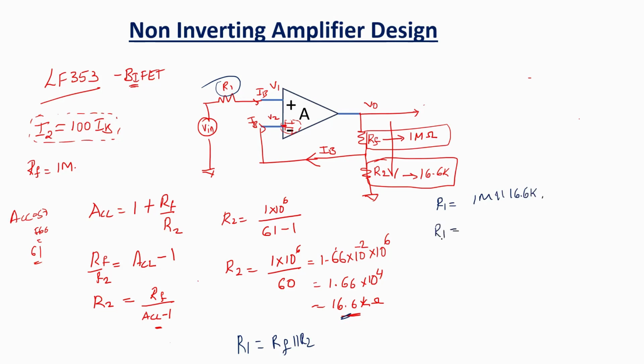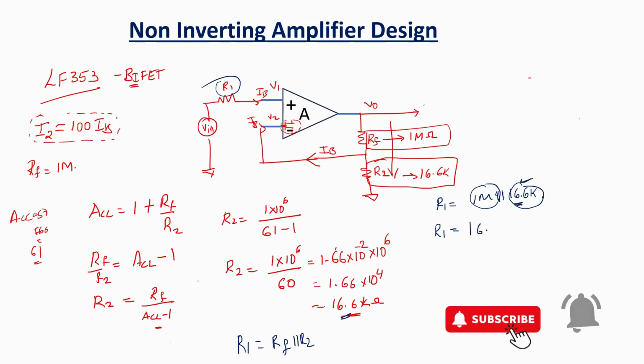Let us calculate R1. When there is a very big value in parallel with another, the result will approximately be the lower value of the resistance. So this can be about 16.6K ohms. Simple. So now we have completed the design of the non-inverting amplifier.